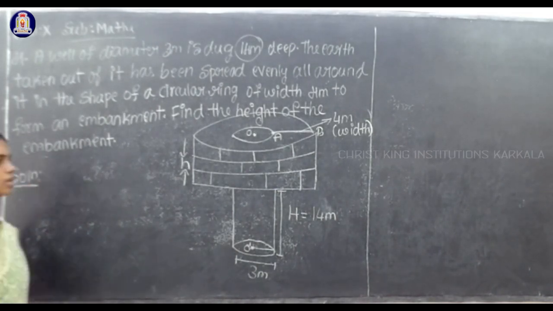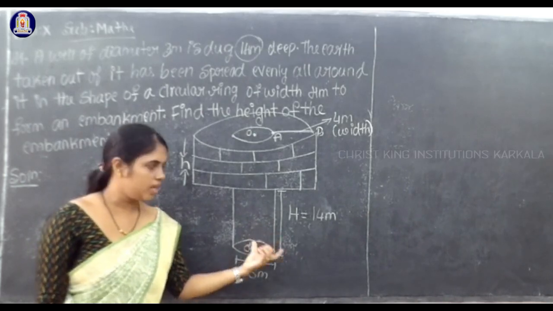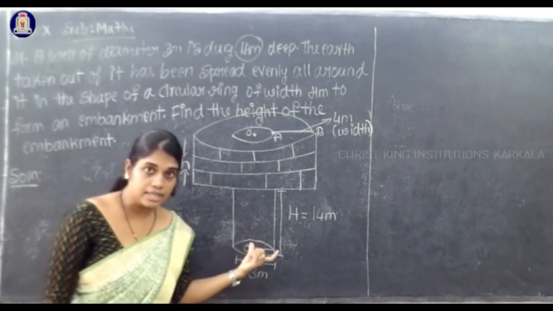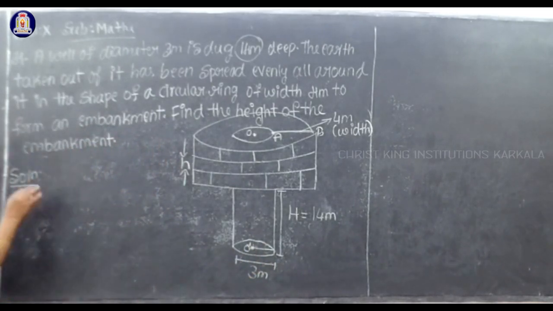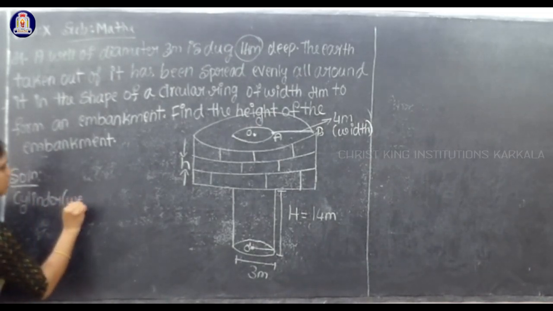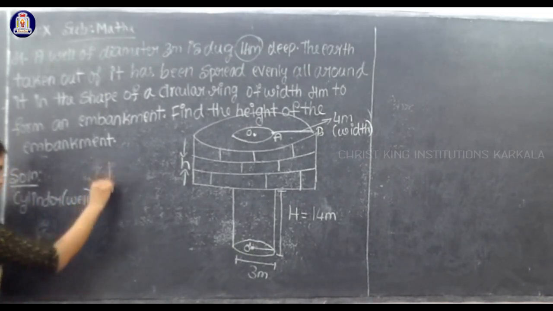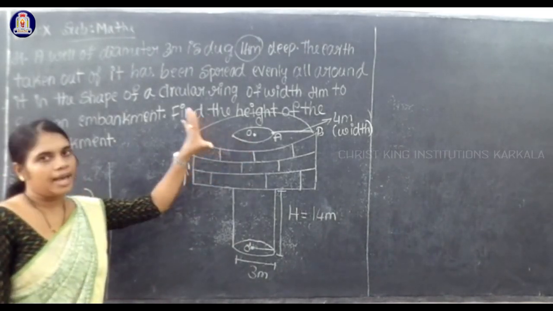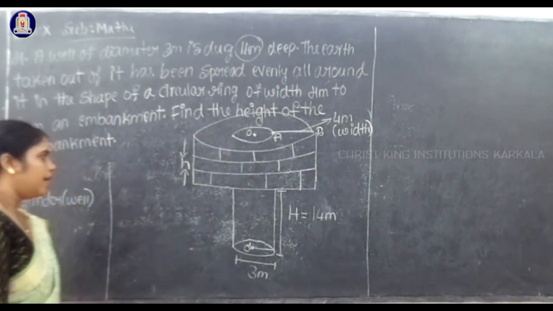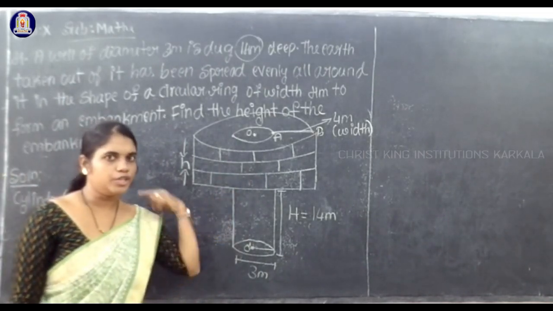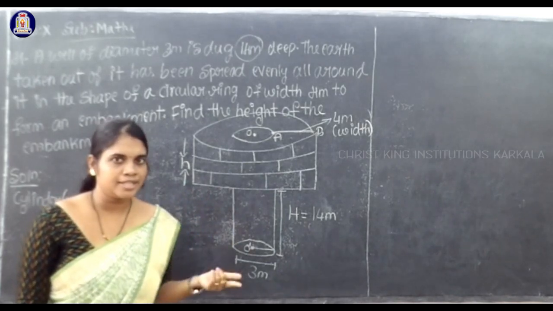First, I'll consider the well. A well is in which shape? Cylindrical shape. So first I'll consider the cylinder; cylinder means this is the well. Next, another one. What is this? Embankment. Students, embankment means, can you remember, a hollow cylindrical shape?